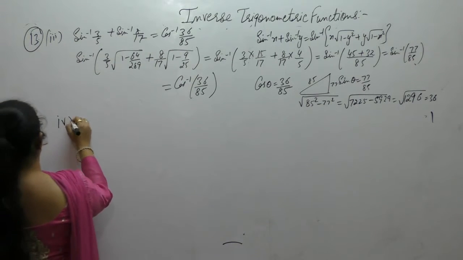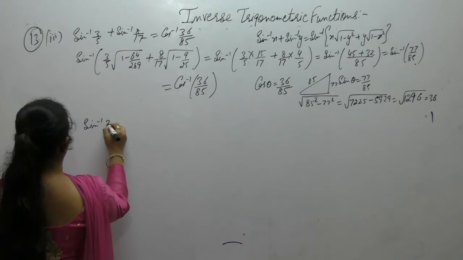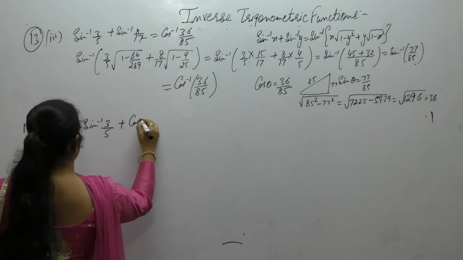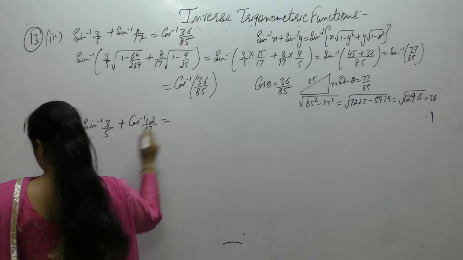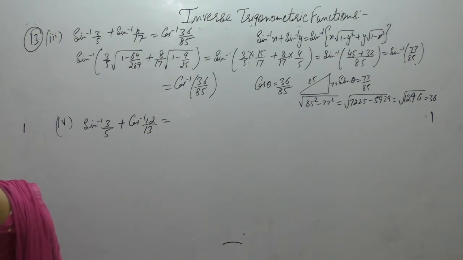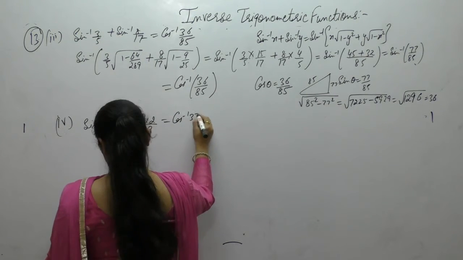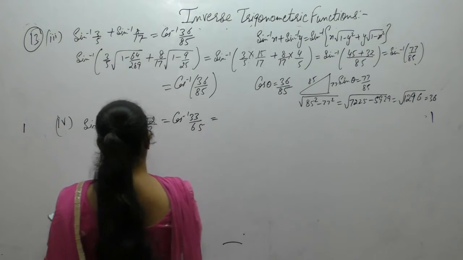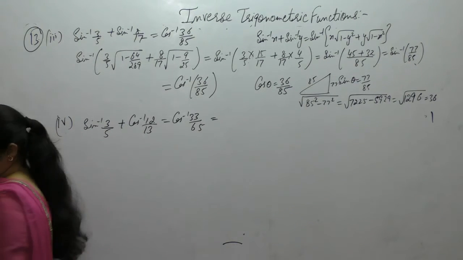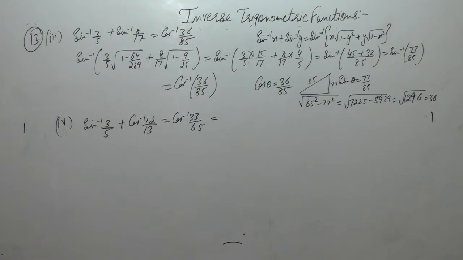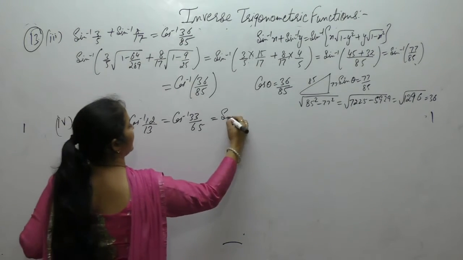Next is sin inverse 3 by 5 plus cos inverse 12 by 13. Prove that this is equal to cos inverse 33 by 65, which is equal to sine inverse 56 by 65.